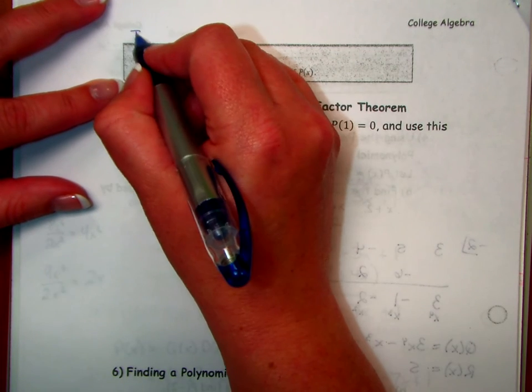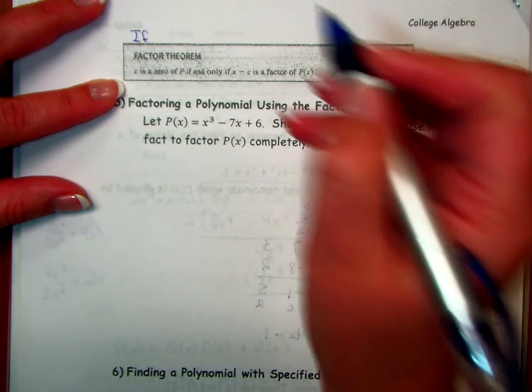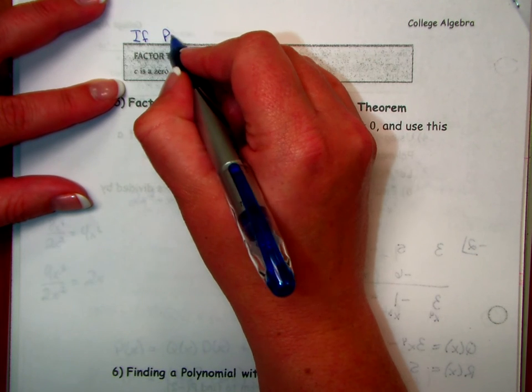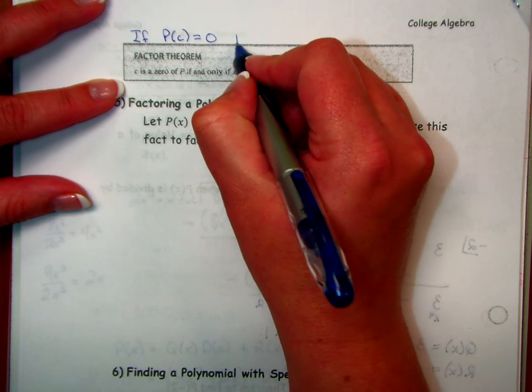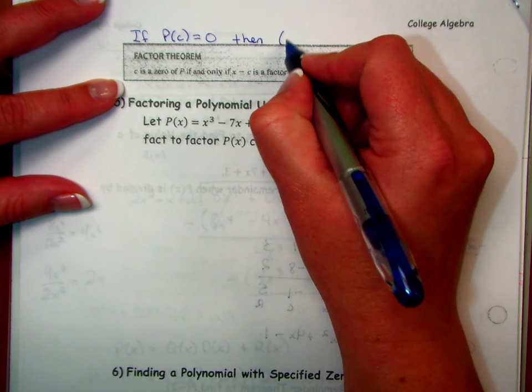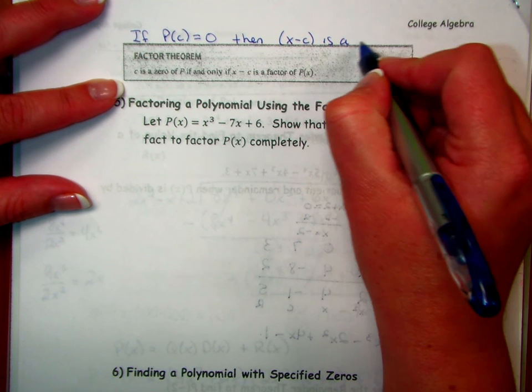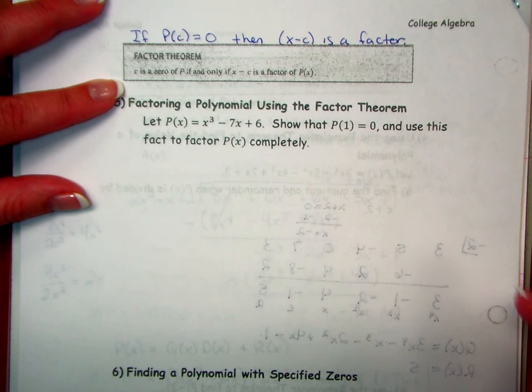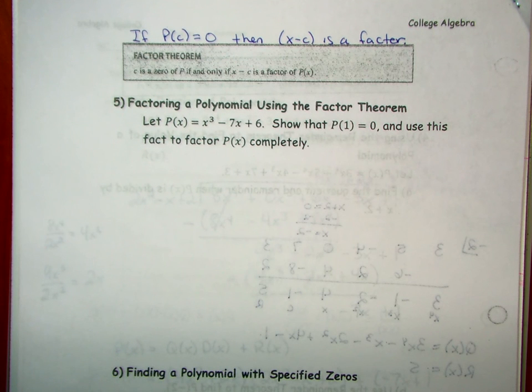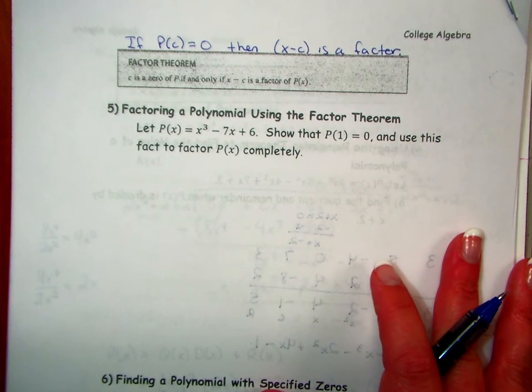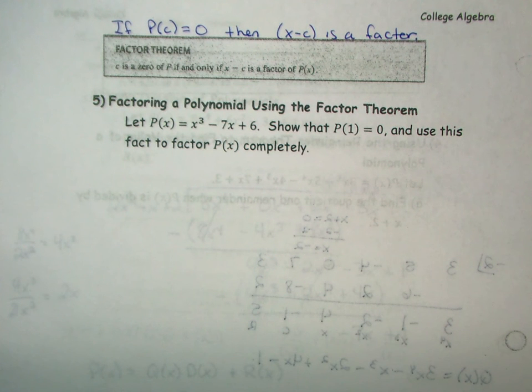So if P of c equals 0, then x minus c is a factor. We're really going to focus on finding polynomials and factors that give us a 0 remainder, because if we have a 0 remainder, then we know we have a factor. So we're always going to look for no remainder. That means it divides evenly.